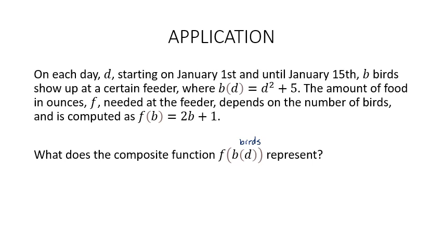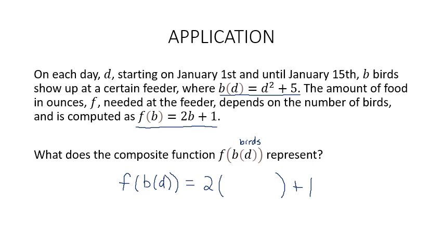So we get to skip over the birds altogether, and we can compose this function. Here's f of b, here's b of d. So we're going to replace b with b of d. So we get f of b of d is equal to 2 times b, or b of d, plus 1.